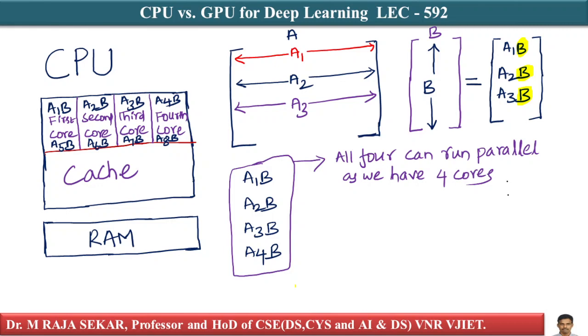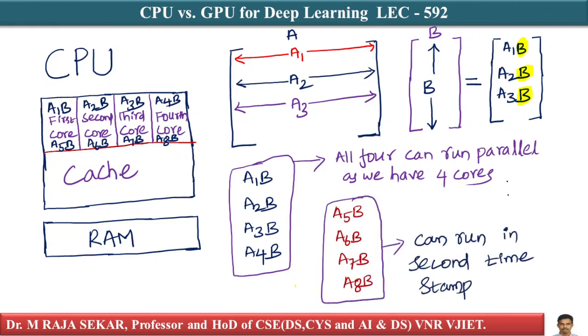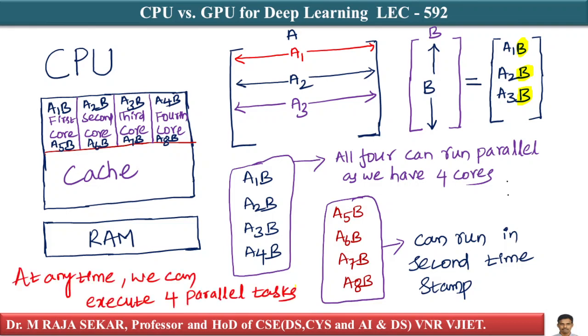If I program carefully, if I use multi-threading, I can do it. Then after that, A5B, A6B, A7B, A8B can be run in the second timestamp. In the first, A1B, A2B, A3B, A4B probably take 1 millisecond of time.